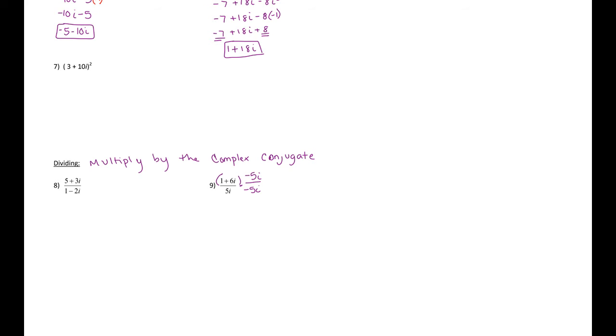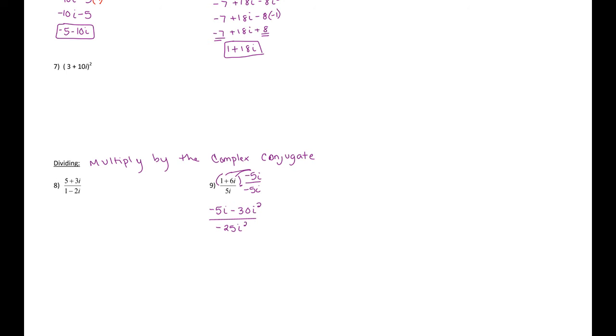So in the numerator, that negative 5i gets distributed to both terms. So we get negative 5i minus 30i squared. In the denominator, 5i times negative 5i gives me negative 25i squared.